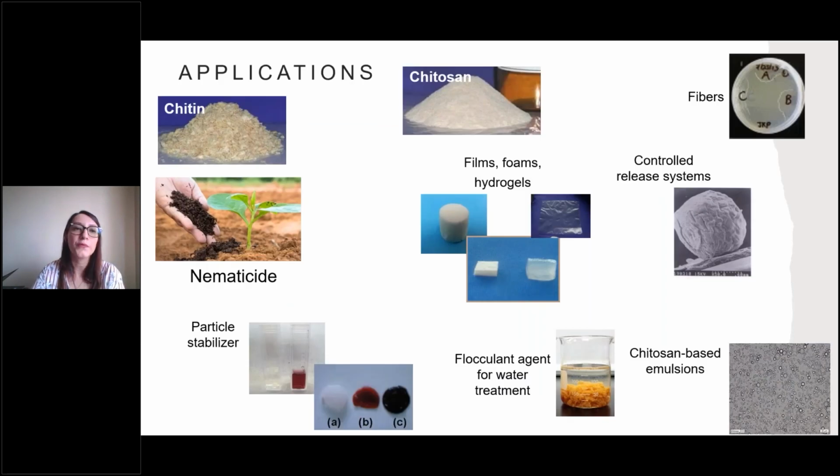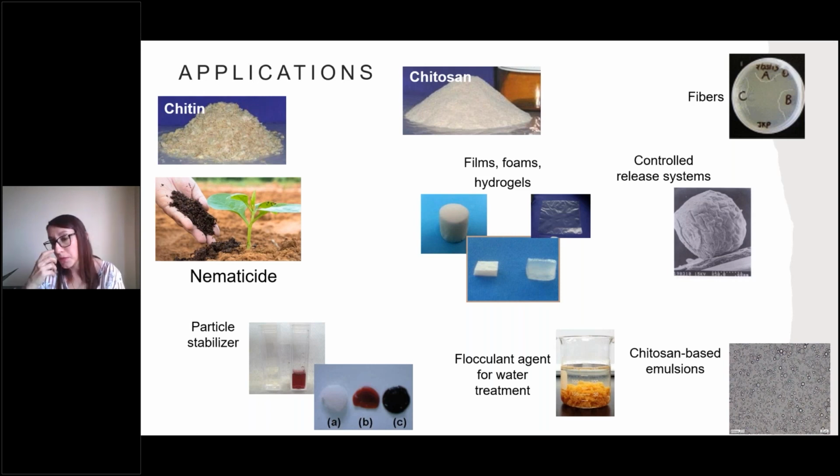Some applications for chitin and chitosan: for chitin the applications are fewer. Mainly it has been applied as a nematicide for soil preparation. And from chitosan, you can make fibers, controlled release systems.